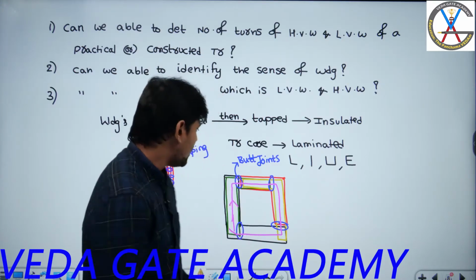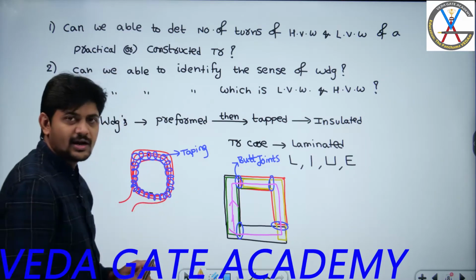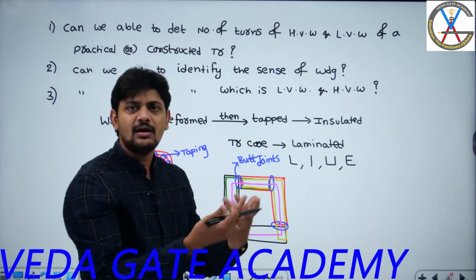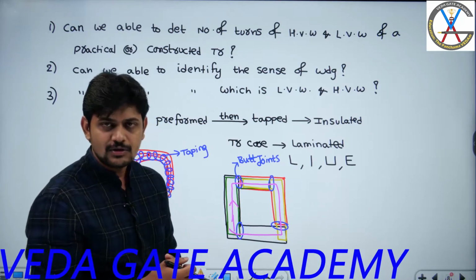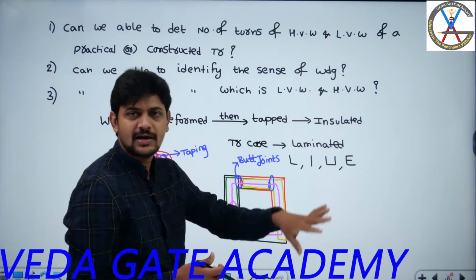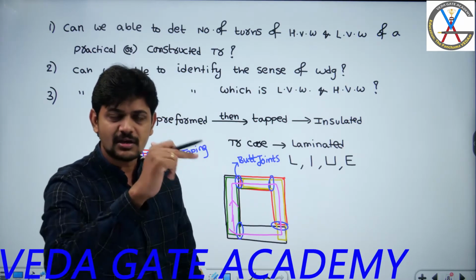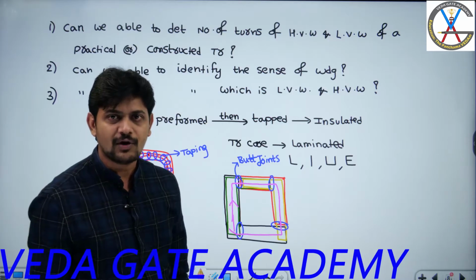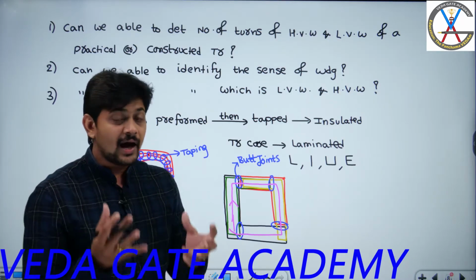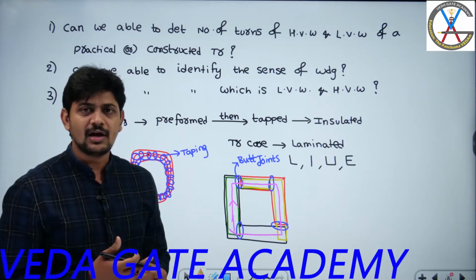Because after winding this winding on this core, and after getting the entire transformer, we are going to conceal this entire thing with a transformer tank. So here, in fact, if you see, the windings are preformed and then taped and insulated completely, right? So I cannot visualize how many turns are wound for HV and how many turns are wound for LV winding. So once the construction of the transformer is over, I cannot physically visualize the number of turns which are available for HV and LV winding.